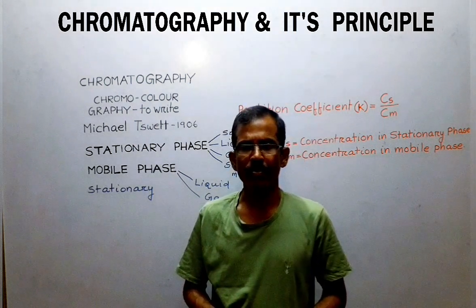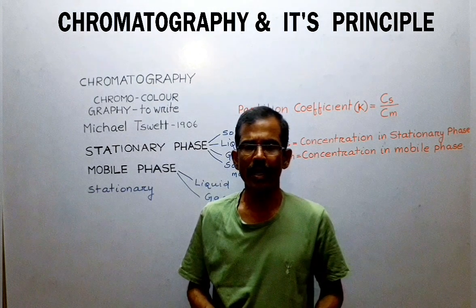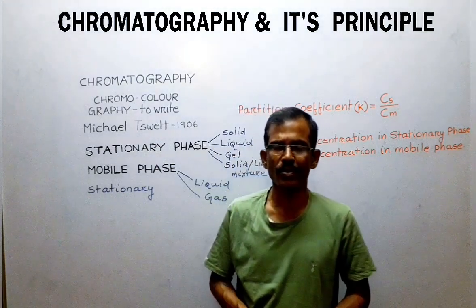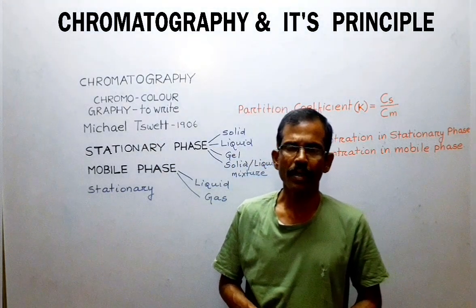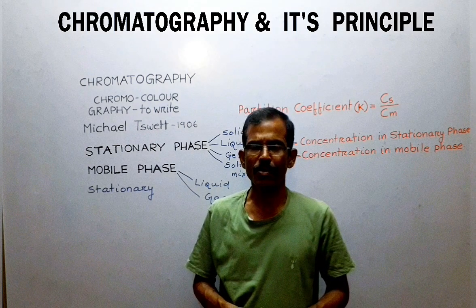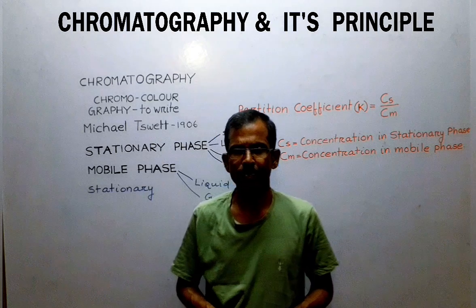The mobile phase either moves over the surface or percolates through the interstices of the stationary phase. The sample introduced into the mobile phase undergoes repeated partition between the two phases while being carried through the system by the mobile phase.